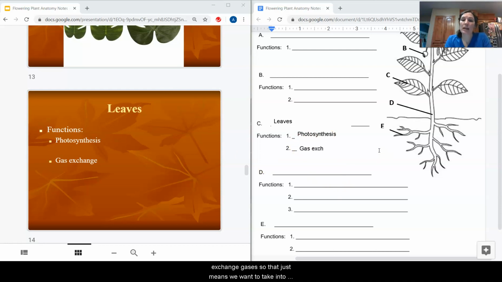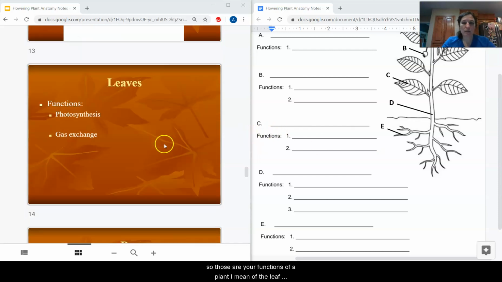So that just means we want to take in CO2, that's what gas exchange is for a plant, and breathe out oxygen. Okay, so they're opposite of us. Remember, we breathe in oxygen and breathe out CO2. Plants breathe in CO2 and breathe out their waste, which is oxygen. So those are your functions of a leaf, excuse me.